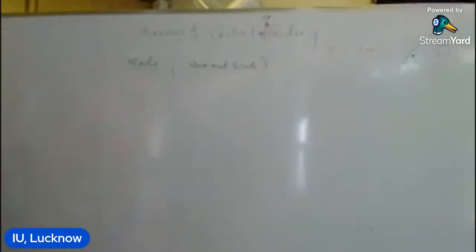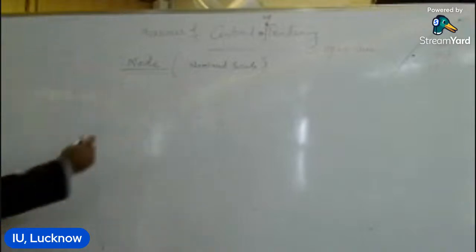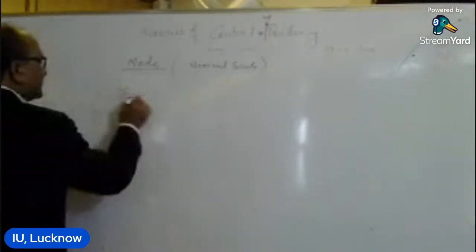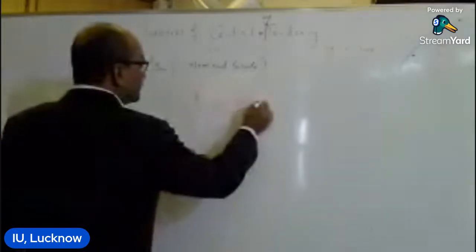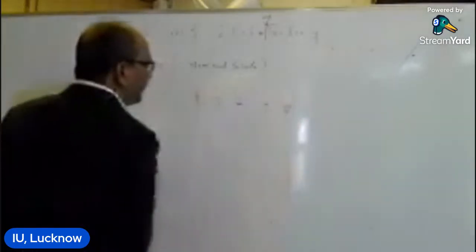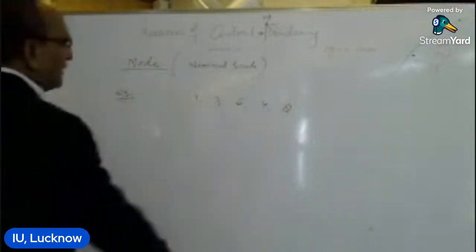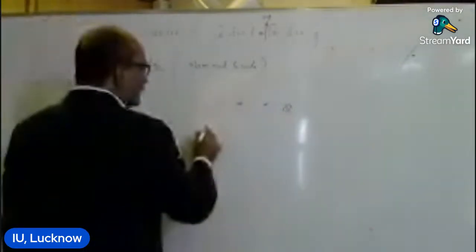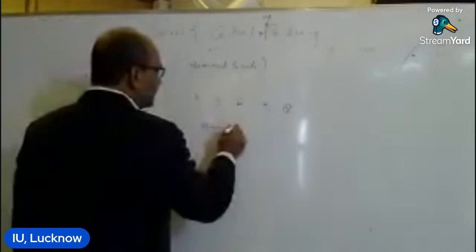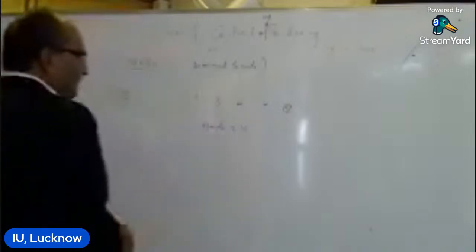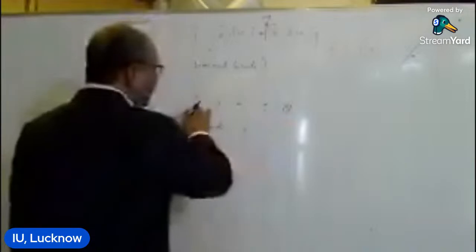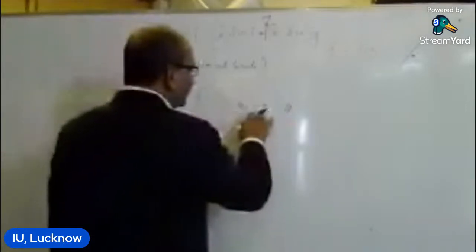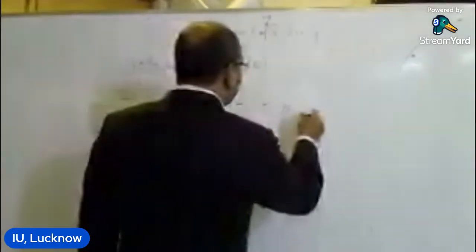Just take some examples. Suppose we have the observations 4, 7, 6, 4, 8. Just see which observation has the maximum frequency. Obviously 4 occurs 2 times, so the value of mode is 4. Suppose we take another example: 4, 7, 6, 4, 8, 7.